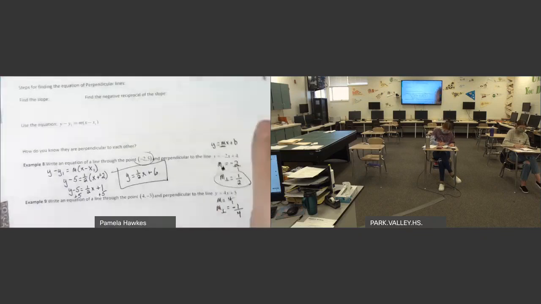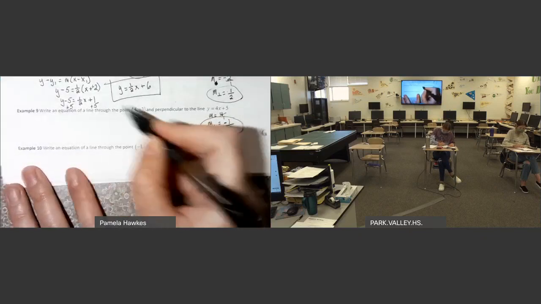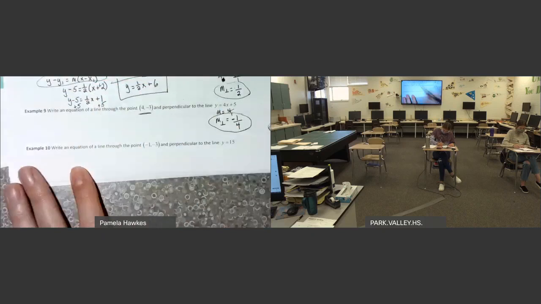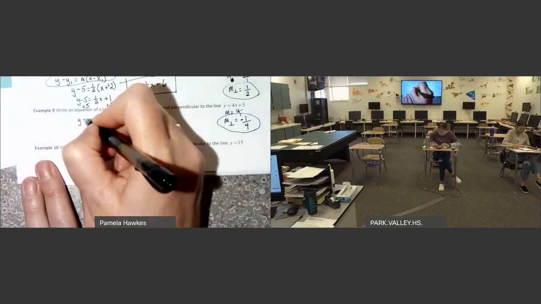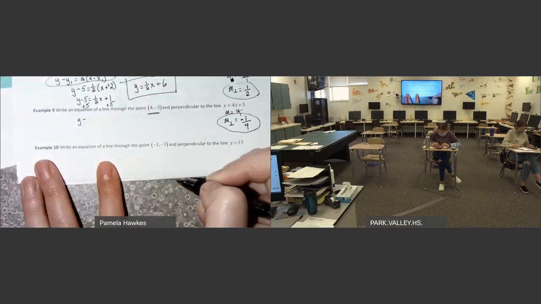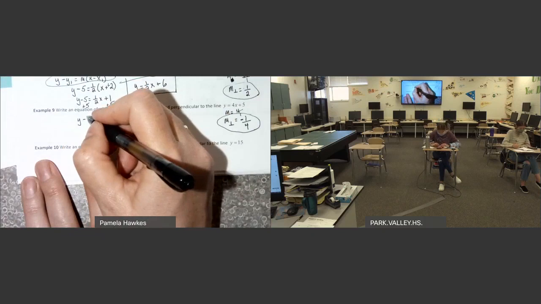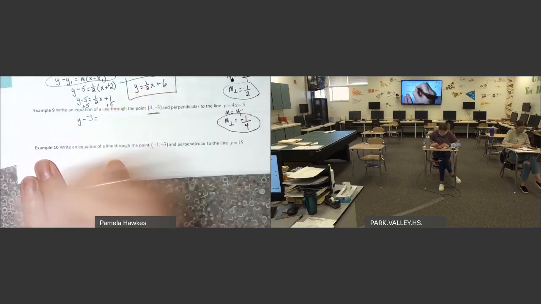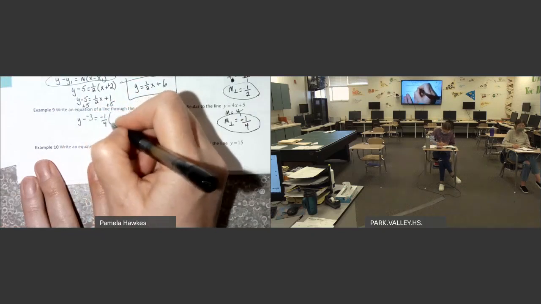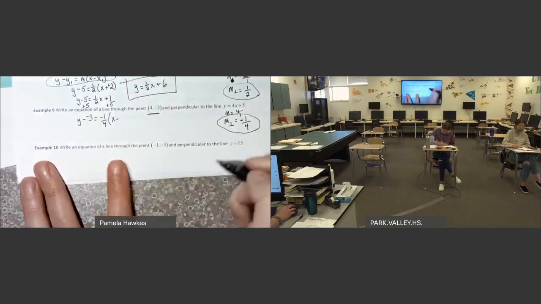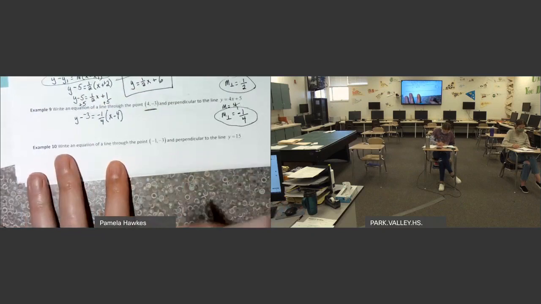Okay, so we got our slope, right? Here's our slope. Here's our point. We're going to use point slope form, and we're going to write it. You ready? So I go y minus what? -3 equals -1/4 times x minus 4. Wow, nice. Keep going.